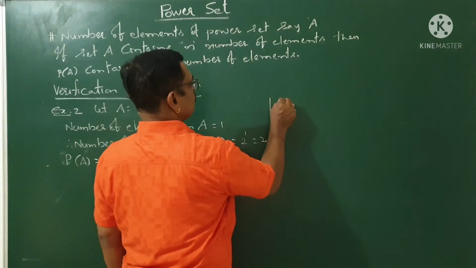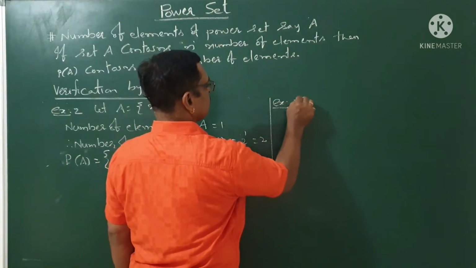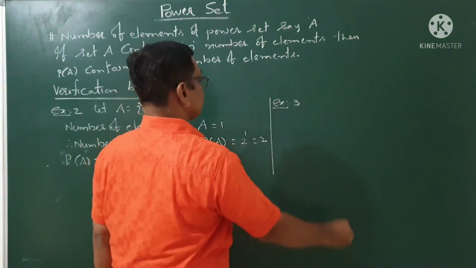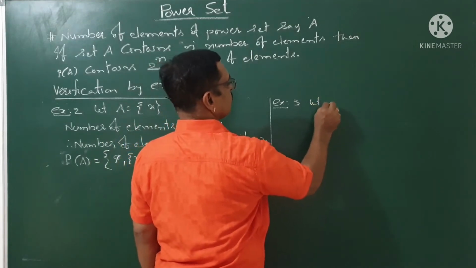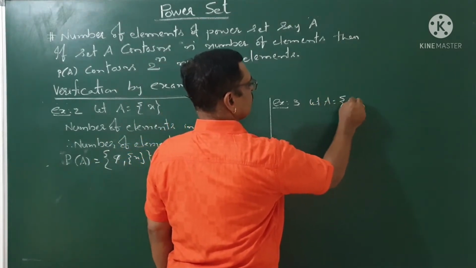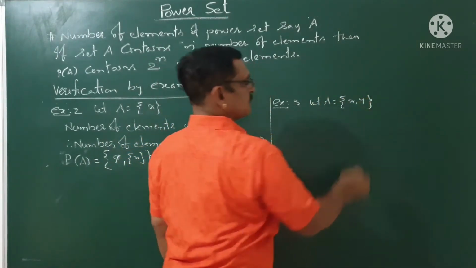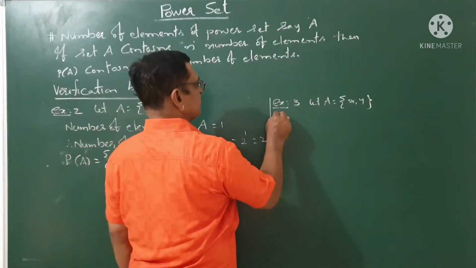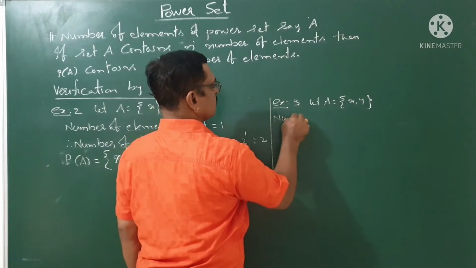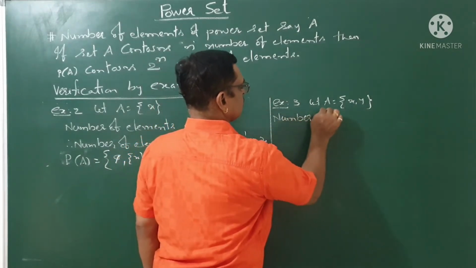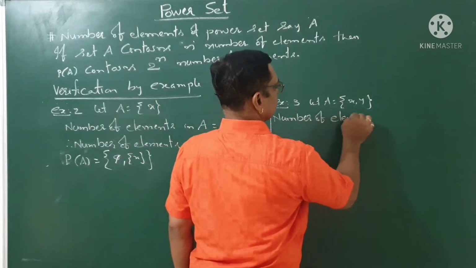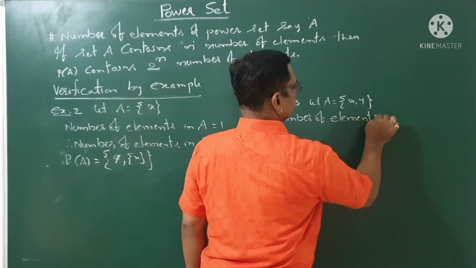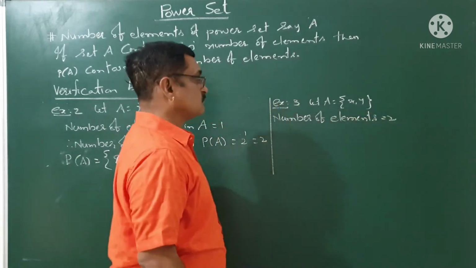Example 3. Let A is equal to {x, y}. So here the number of elements is equal to 2.